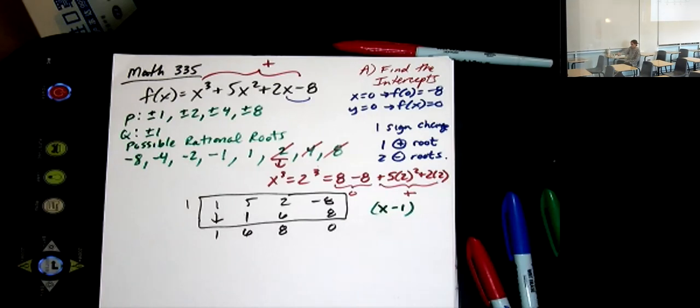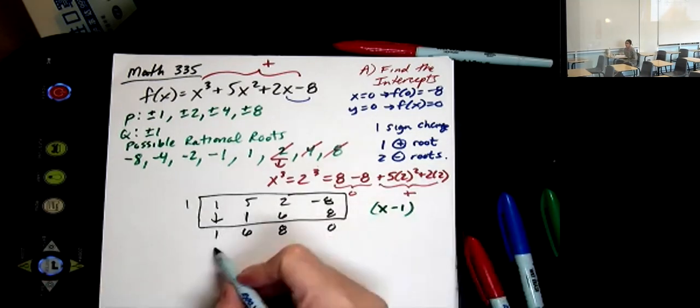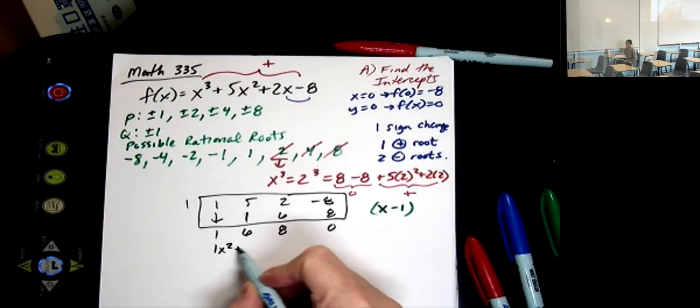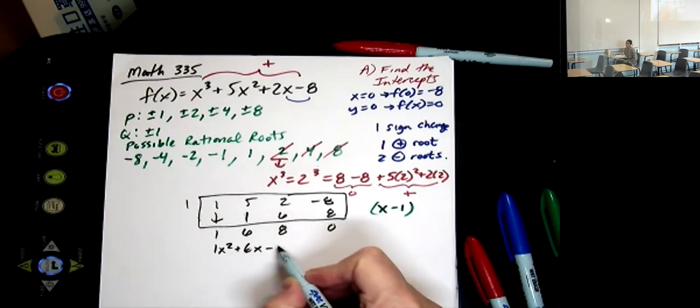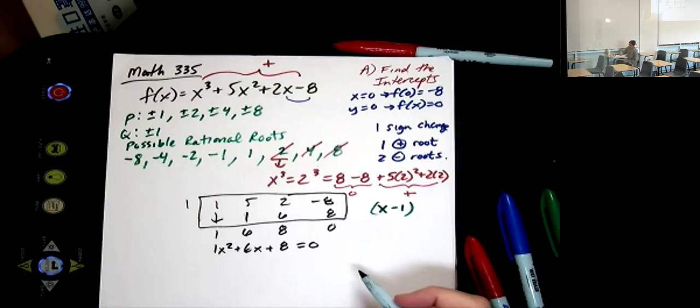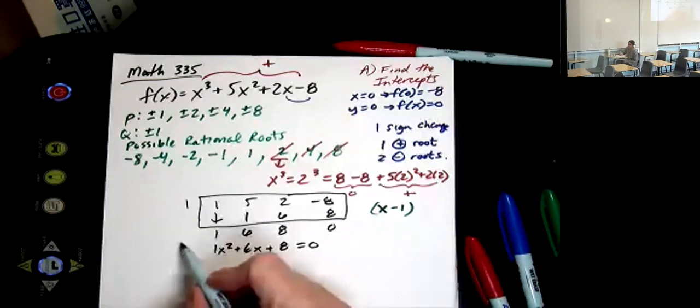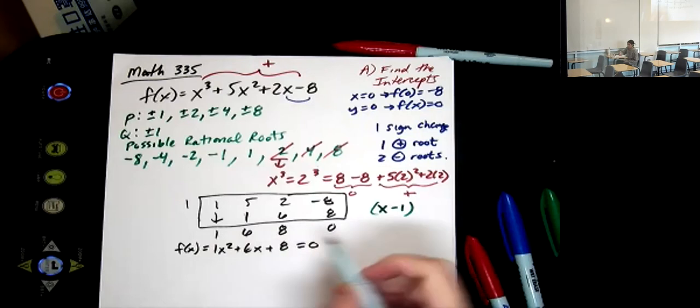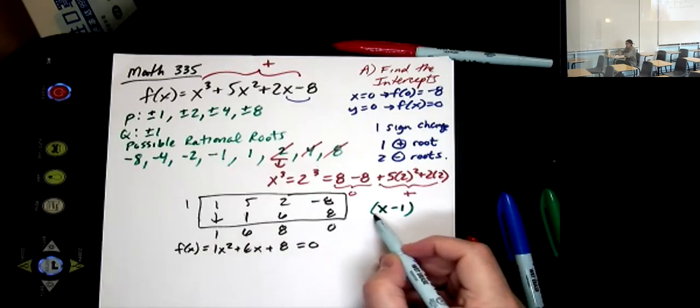And now I don't need to keep doing it because I can take these numbers and make them coefficients of a polynomial that is 1 degree smaller. And I'm still trying to solve f of x equals 0. And there is an x minus 1 in there that I didn't write.